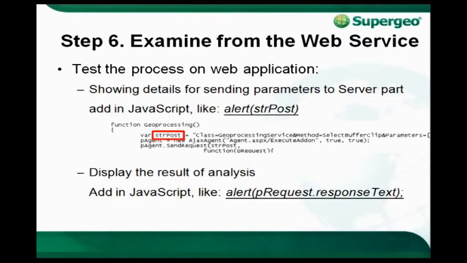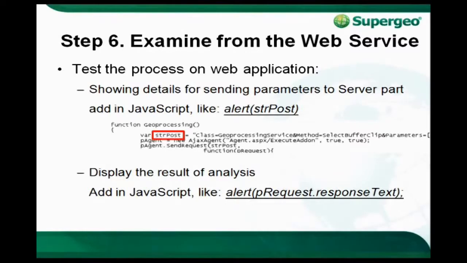Here is the final step, step 6, examine the web service. To test the process on the web application, you can modify the JavaScript code to add the result onto the map. You can add an alert to show it is the end of geoprocessing.